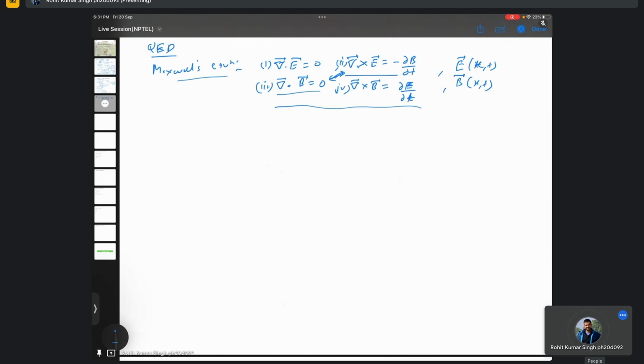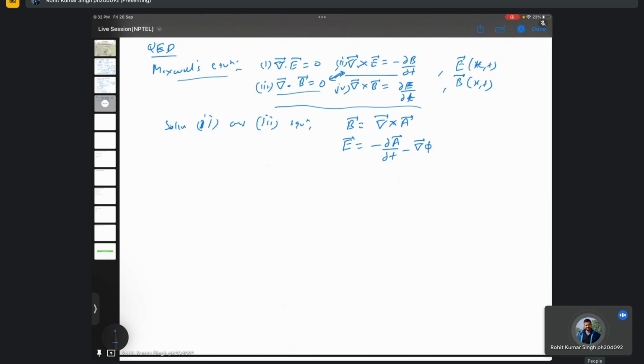If you solve the second and third equations, you will get a solution like this. The magnetic field is just the curl of a vector A, and the electric field is minus the time derivative of vector A minus the gradient of a scalar phi.